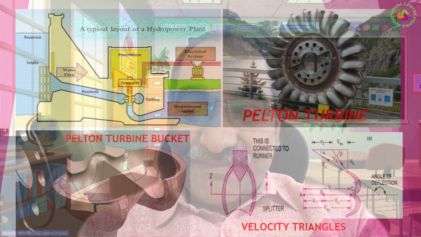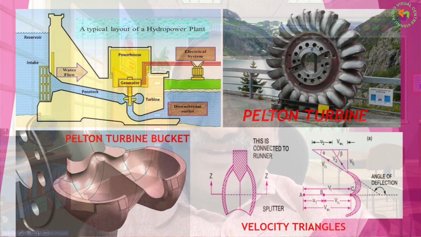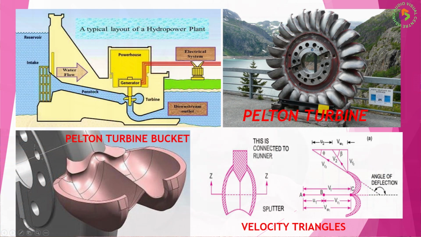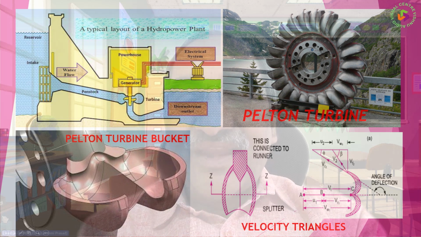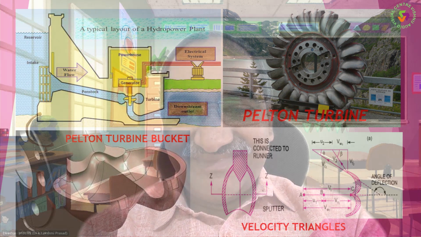So what is a hydraulic turbine? It's a machine, or a prime mover, which converts the energy of water into mechanical energy. A hydraulic turbine is a machine which converts the energy of water to mechanical energy.